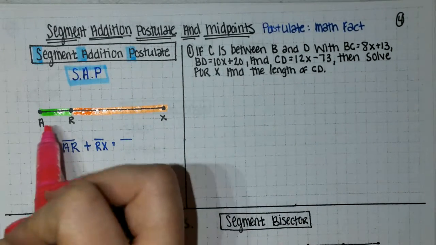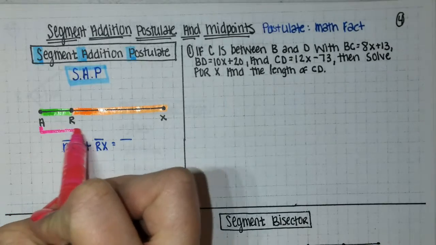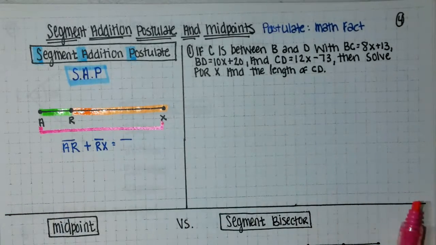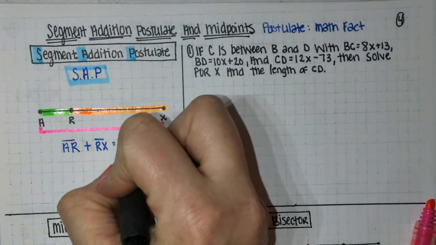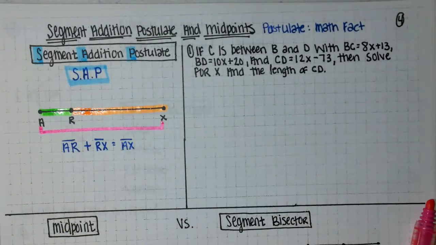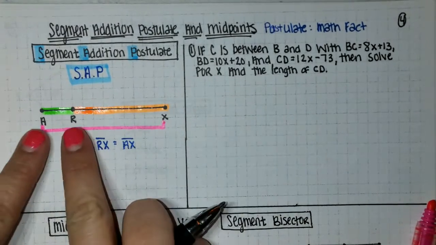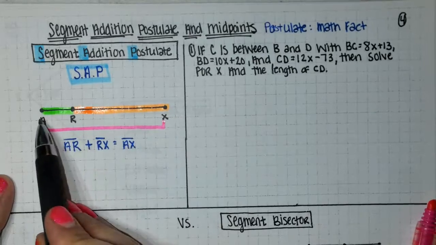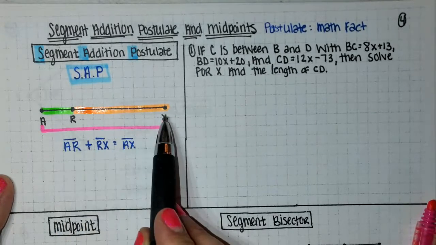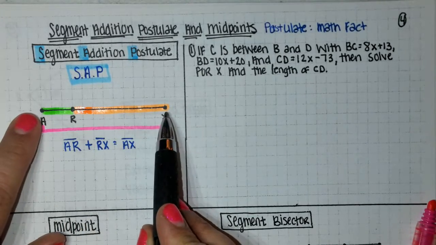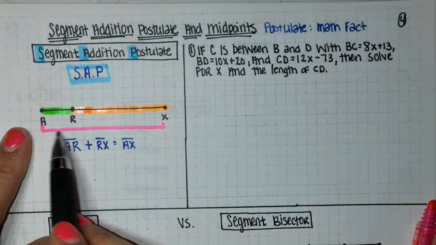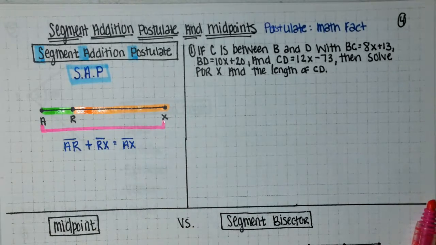So this large segment of A all the way to X. Whenever we're working with segments, you can add smaller pieces together. So this segment AR, this little green piece, plus RX, which is the orange piece, if you add those two measurements together, you get the full measurement of AX.